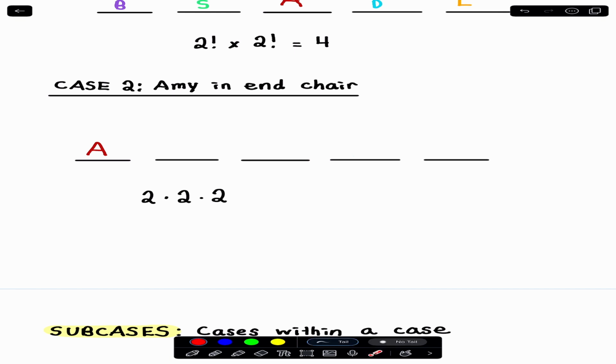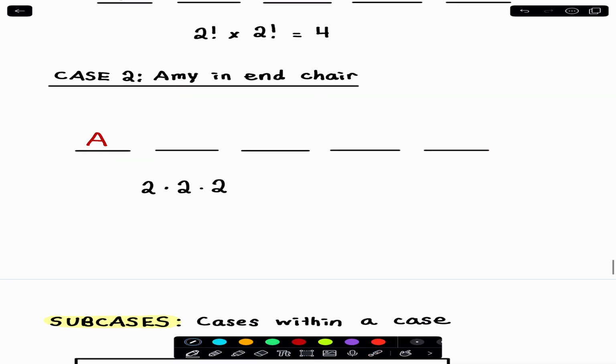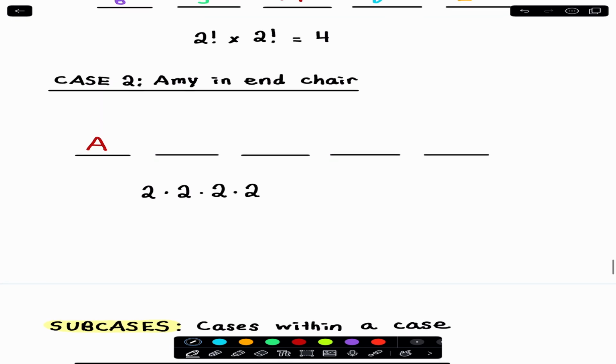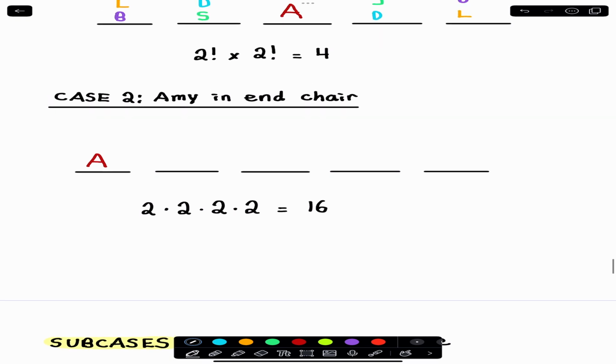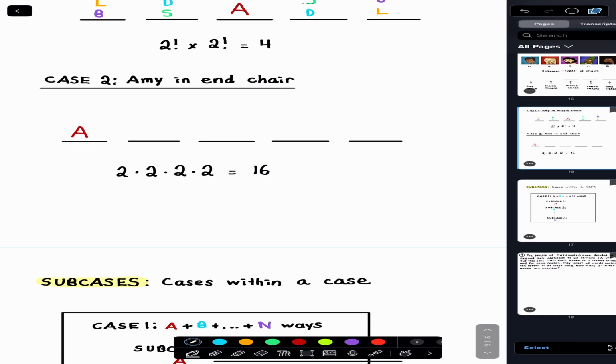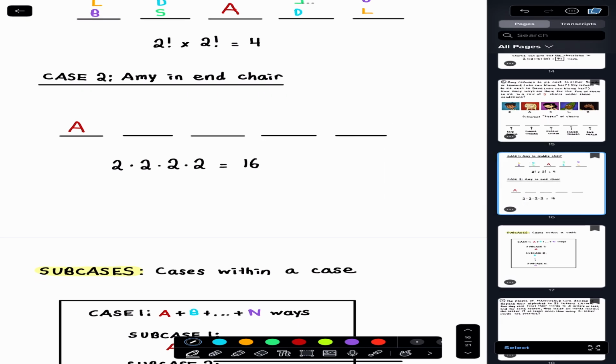And then the last 2 seats can be in any order. So basically the last 2 people can fill up these 2 seats in either the first person here and the second person here, or the other way around. So that means there are 16 ways for this case, and it looks like I underestimated just how much space we need. So I'm going to need to add another page.